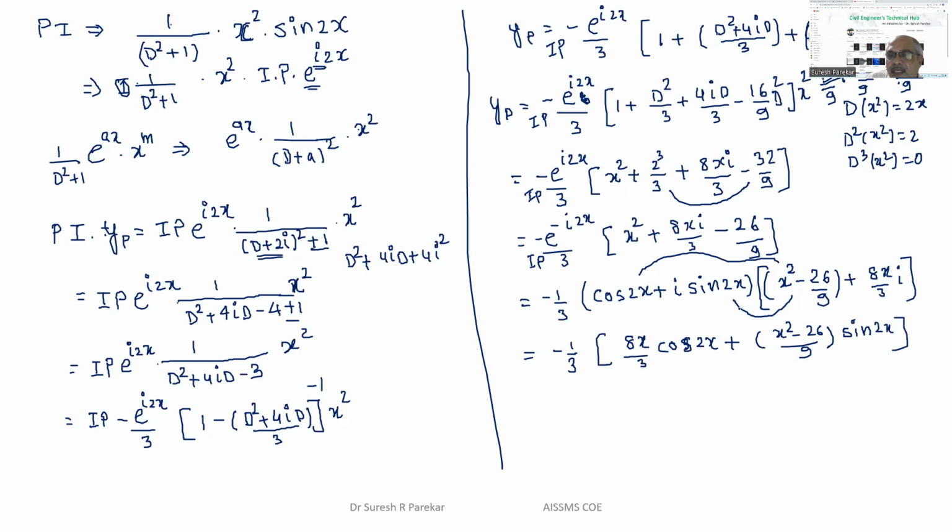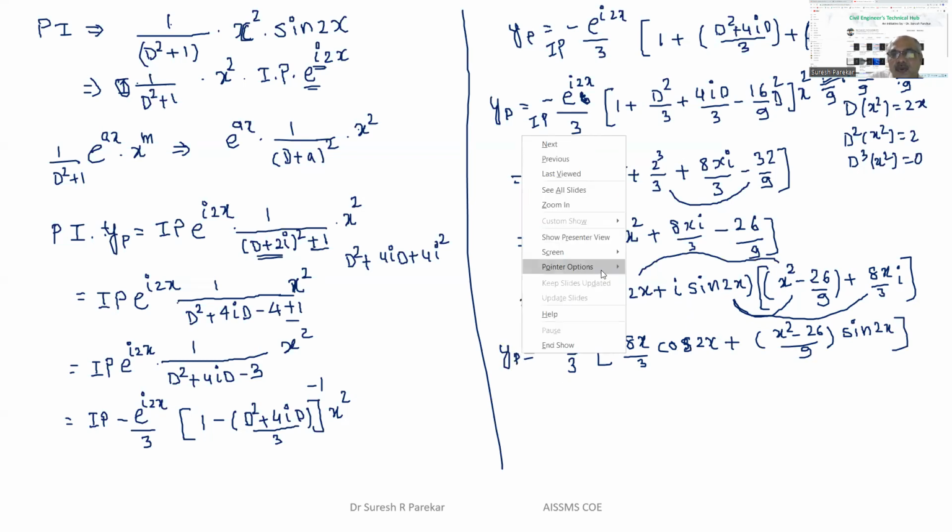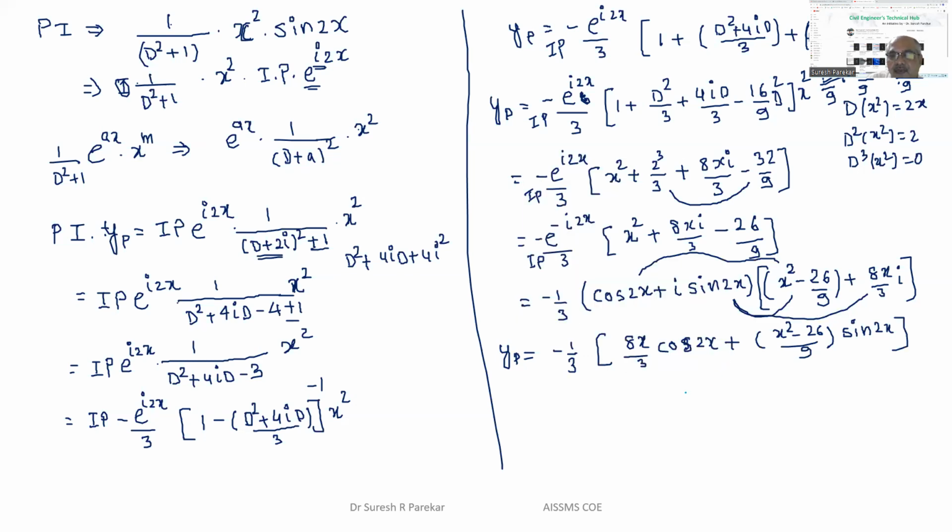Now, if we multiply i sine 2x with this, then this i square is minus 1, and that becomes again the real part. So we have yp, we have this value. And then we can write the solution, that is yc plus yp, and therefore we have the solution of this. So y equal to yc plus yp, and from this we can write y equal to c1 cos x plus c2 sin x.